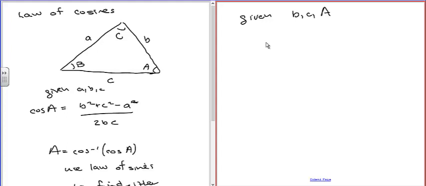In that scenario, what you do first is you find side A's length. And the equation for that is A squared is equal to B squared plus C squared minus 2BC times the cosine of angle A.